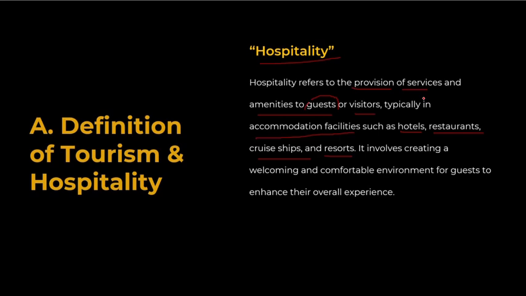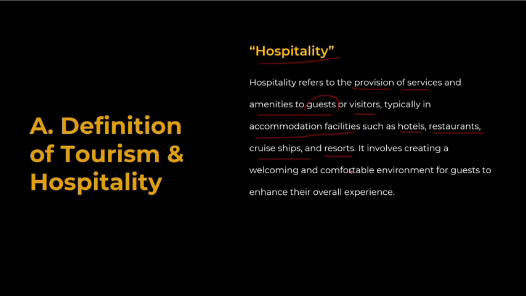If we are working in the hospitality industry, we need to make sure that they are welcomed, cared for, and all their needs are provided, because they are visitors and guests in a particular establishment like hotels, restaurants, cruise ships, and resorts.